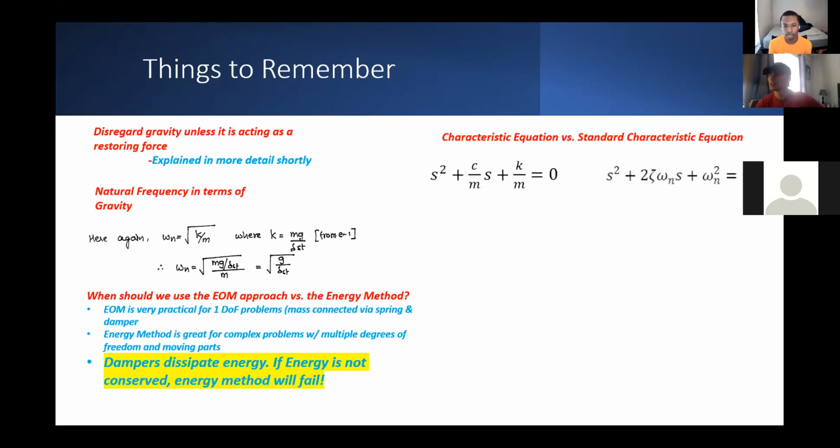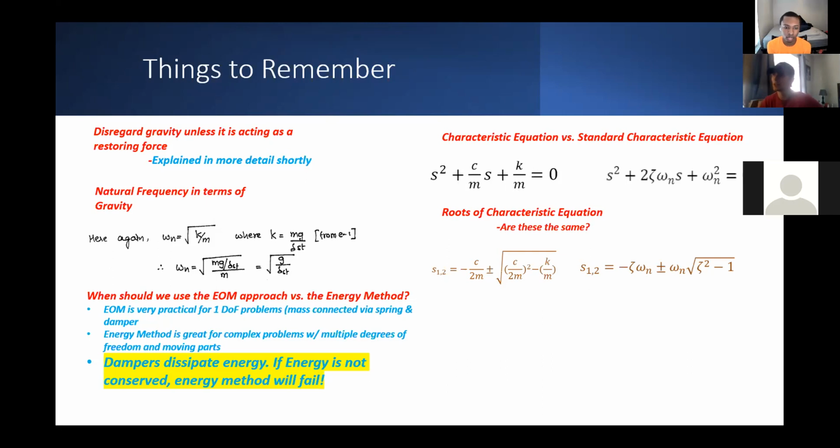So characteristic equation versus the standard characteristic equation. This is what we're going to be trying to solve for, and then we're going to be comparing it against this one. So the roots of the characteristic equation, are these the same equation? Yes, they are.